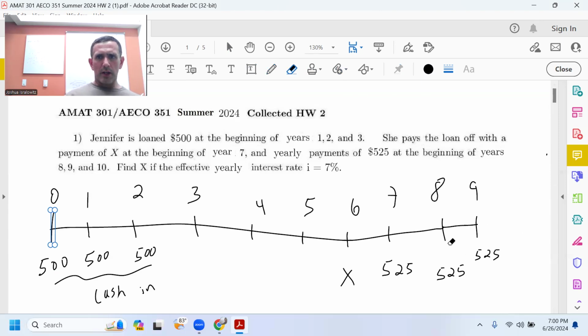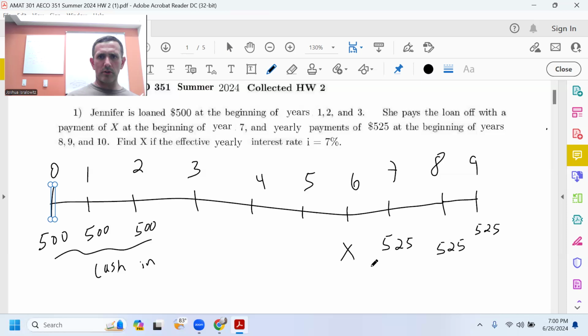As I mentioned in the video and examples, sorry, this is the cash out, this is what you're paying. You can really time value everything at any time whatsoever.